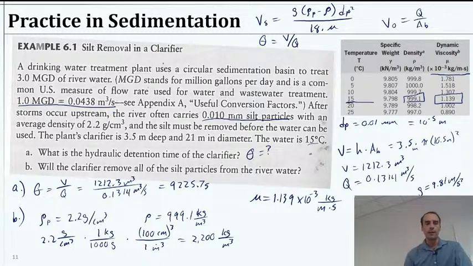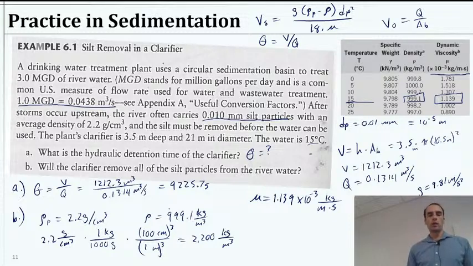So we could even write this as there's 100 centimeters in every meter, and then cube both the top and the bottom of that, right? That's the technically correct way to do that conversion, so you make sure you're cubing the factor that you're exchanging. So that would give us 2,200 kilograms in every cubic meter for the density of the particle.